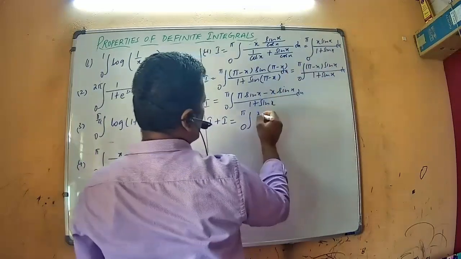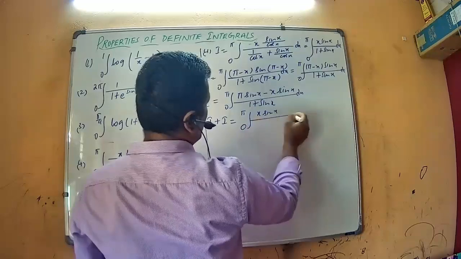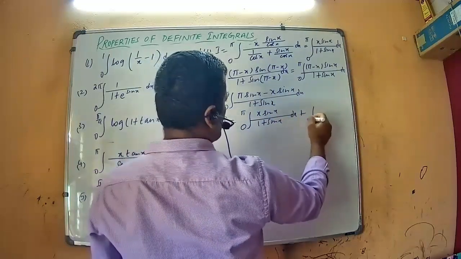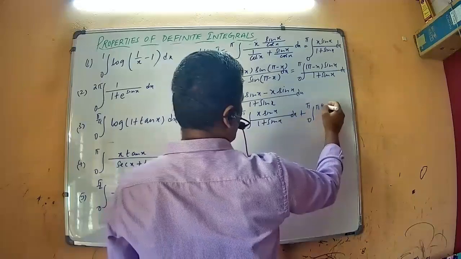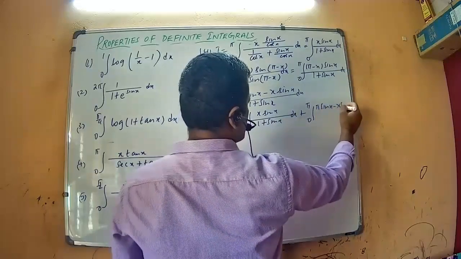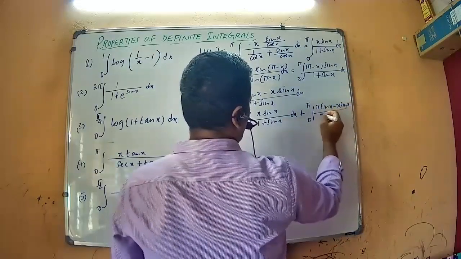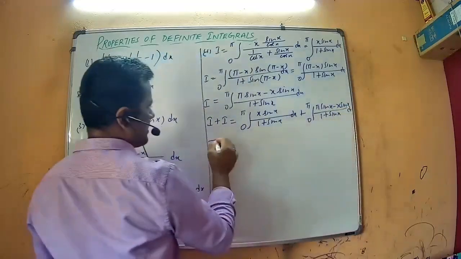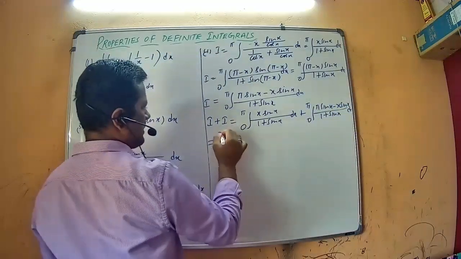This is I, x sine x by 1 plus sine x dx plus 0 to pi, this is pi sine x minus x sine x by 1 plus sine x dx. So add these two. What you are supposed to get here?